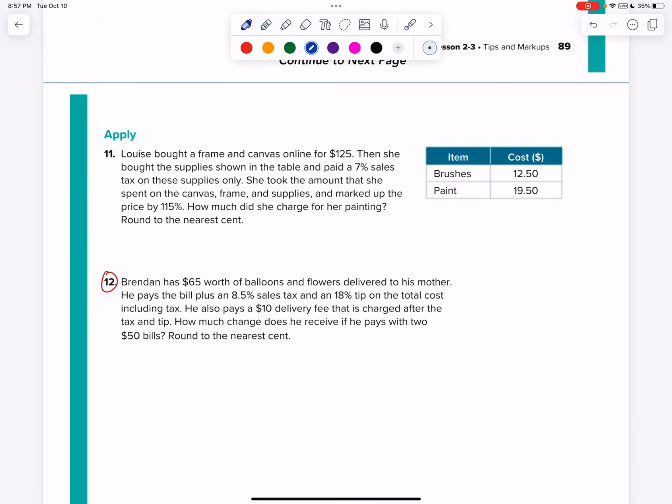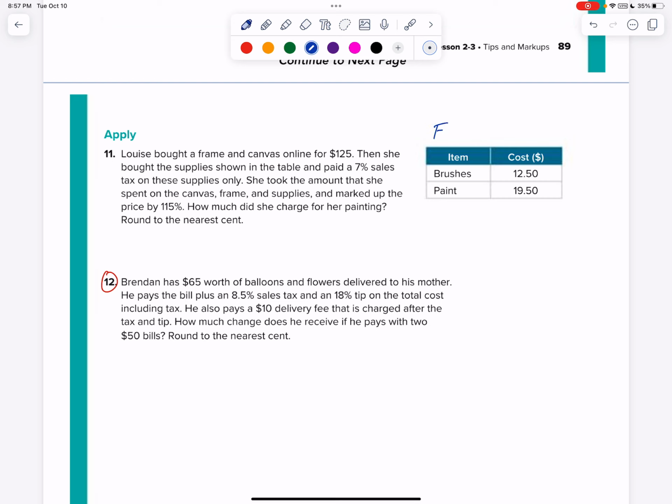So Luis bought a frame and canvas online for $125. Okay. Then she bought the supplies shown in the table and paid a 7% sales tax on these supplies only. Okay. So the frame and canvas were just this separate $125. Okay.